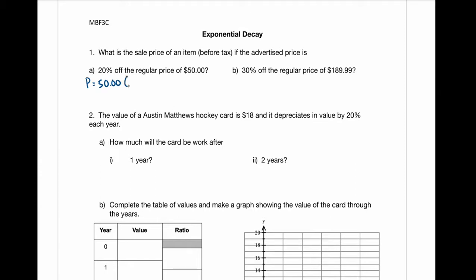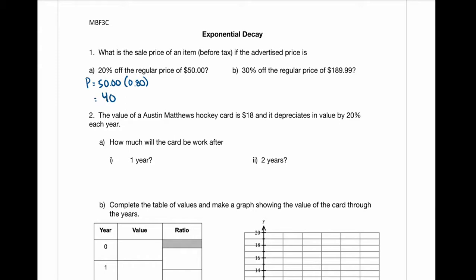So I can figure out the sale price by doing 50 times 80%, which equals 40. So we're doing it in the reverse way of thinking: not how much I'm going to take off, but how much am I going to have left. I'm going to have 80% left of my original price, so it's going to be 40.